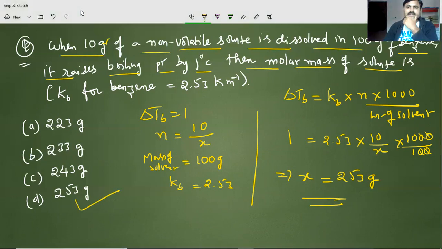Okay, dear students, from this session, what you have learned is the colligative property, relative lowering of vapor pressure, its experimental determination and its mathematical problems, numericals. After that, it is followed by the important colligative property we have discussed in this session, elevation of boiling point.